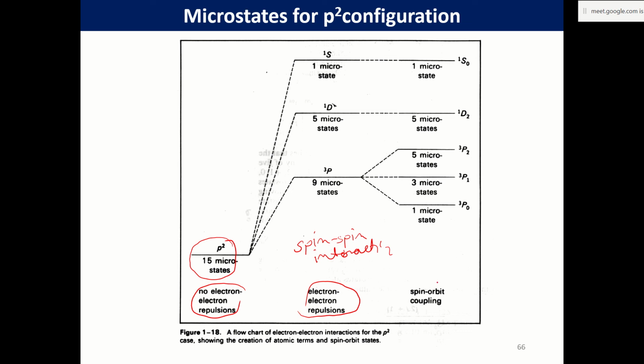Then the spin-orbit interaction splits it further. This is the splitting pattern that you get: 5 microstates, 3 microstates, all for the P2 configuration.